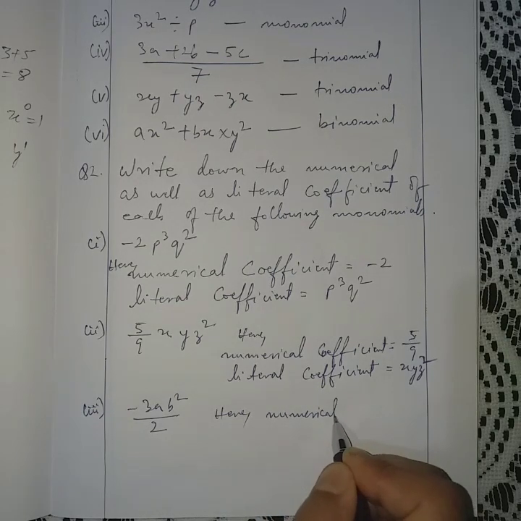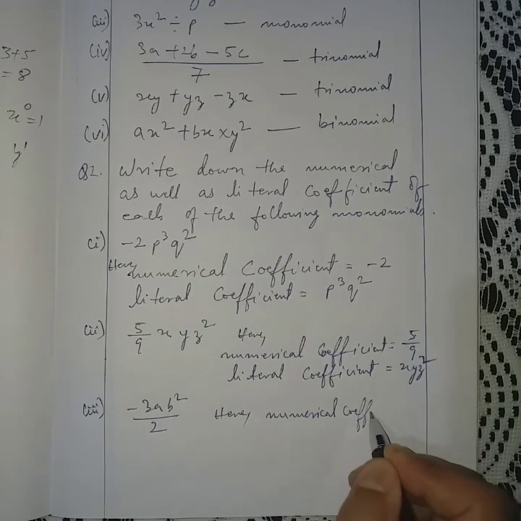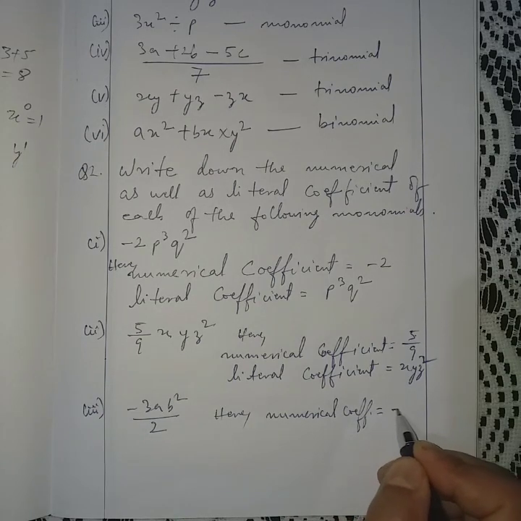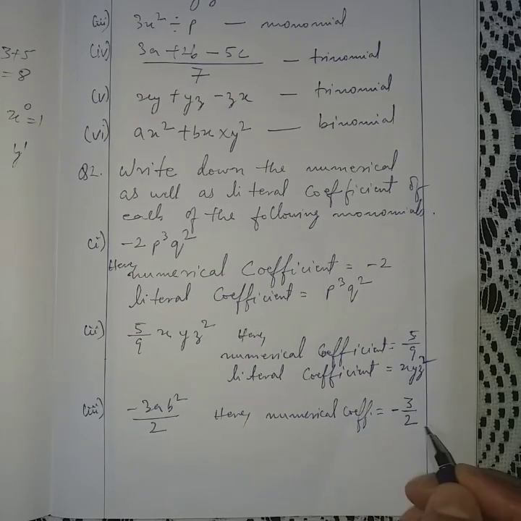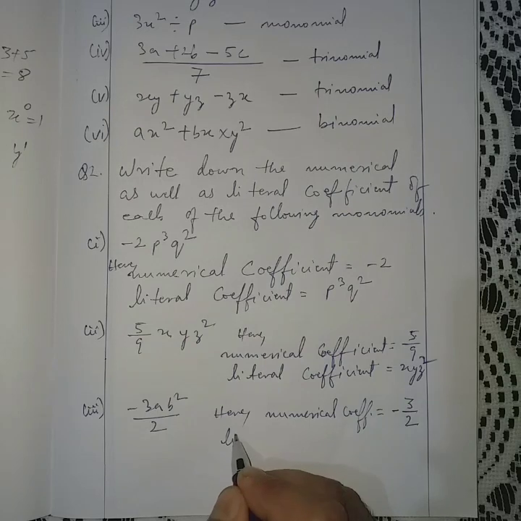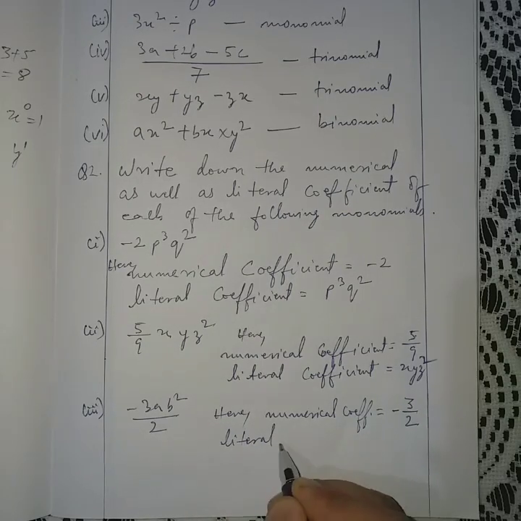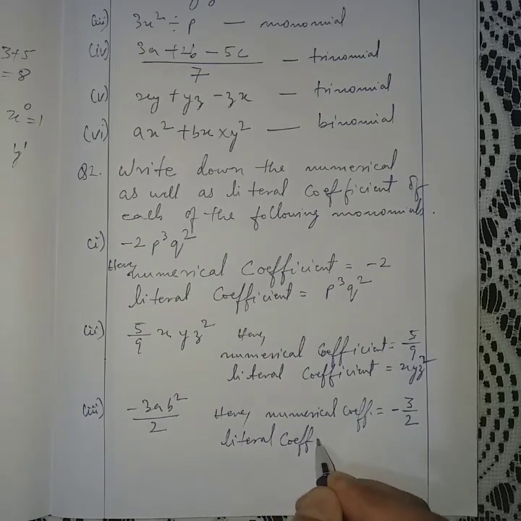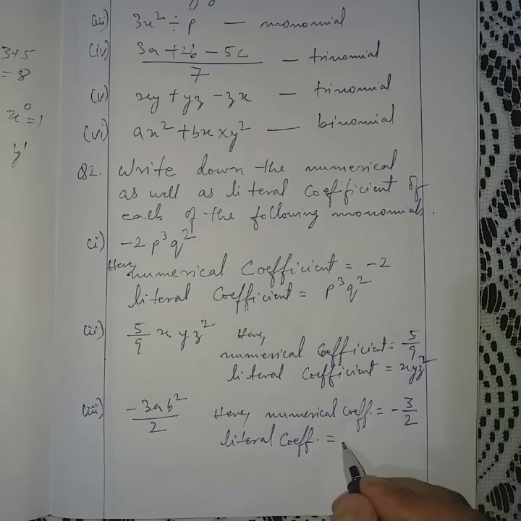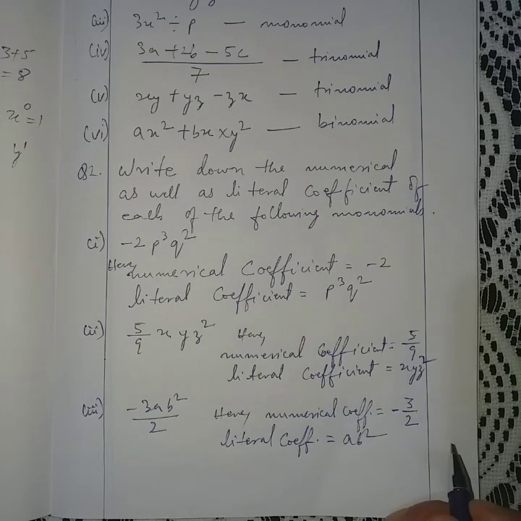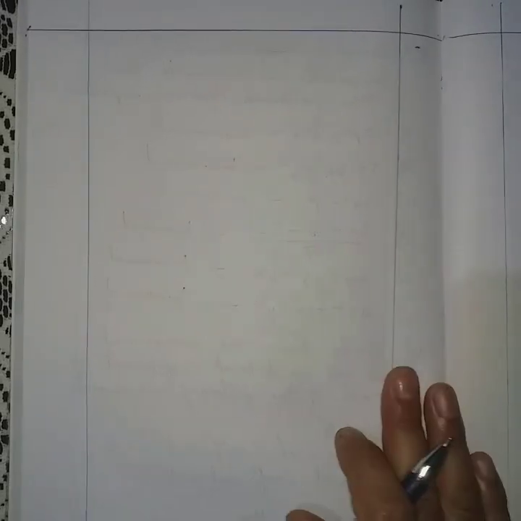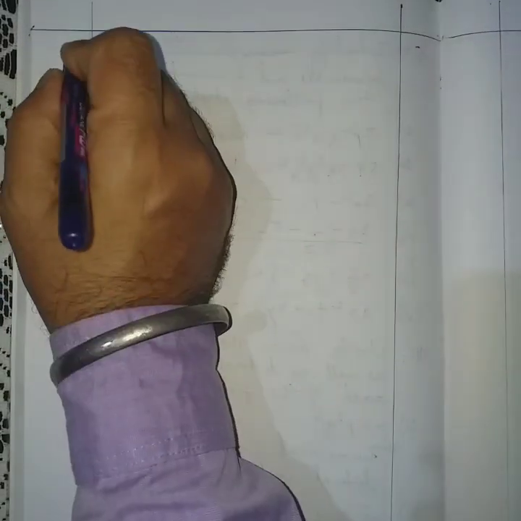Numerical coefficient is equal to minus 3 by 2 and literal coefficient is equal to ab square. Okay, now question number 3.